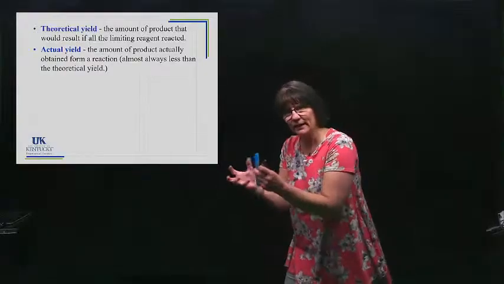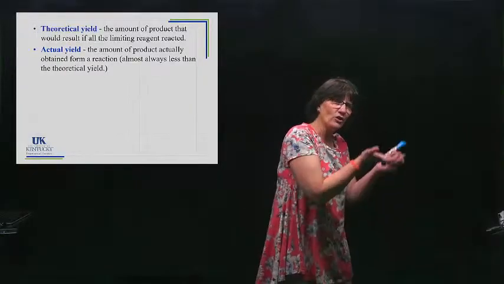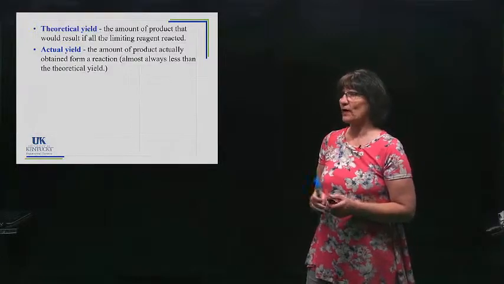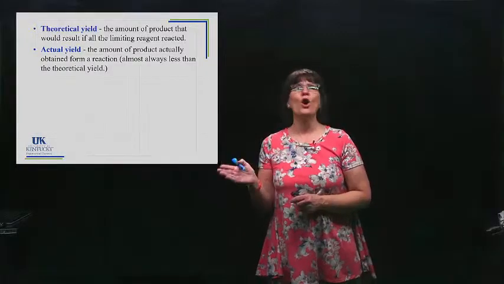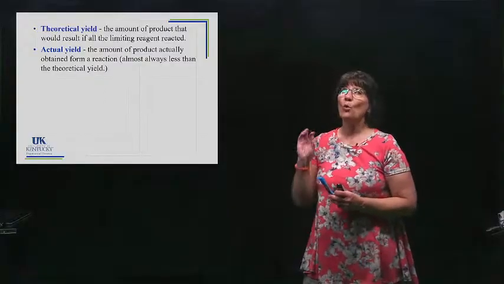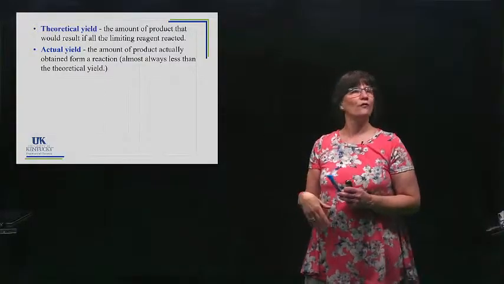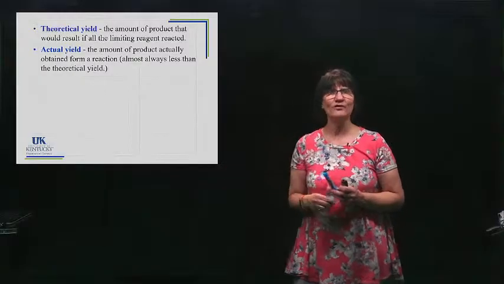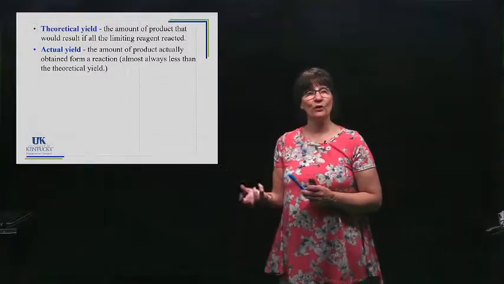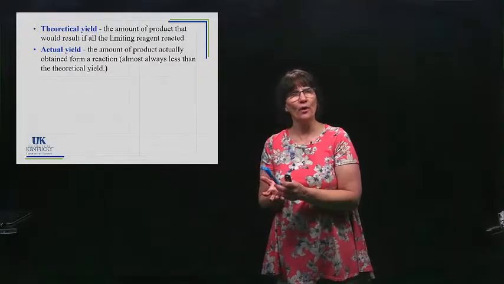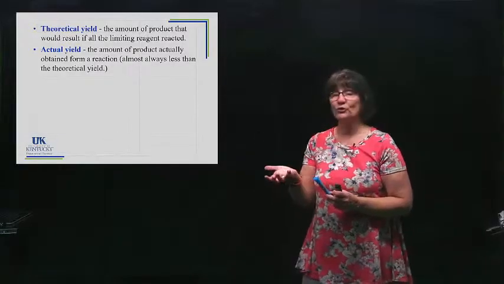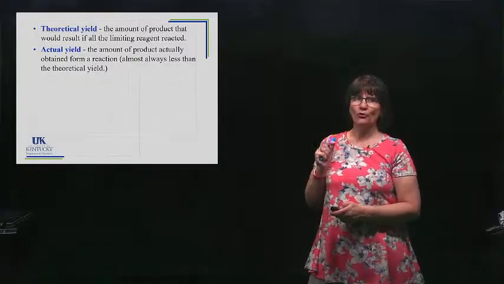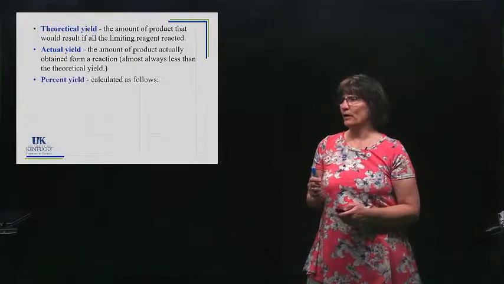You actually collected it. You actually weighed it out and you saw how much was actually there. That's an actual yield. Okay? It is almost always less than what you calculated it should be for lots of different reasons, and we won't go into them right now, but we can consider one. It was just maybe difficult to collect all the product, and you weren't able to obtain it all to weigh it all out. So that is almost always smaller than your theoretical.